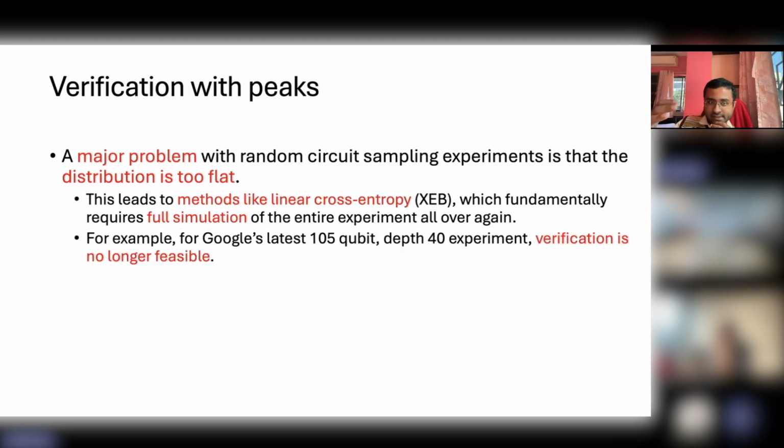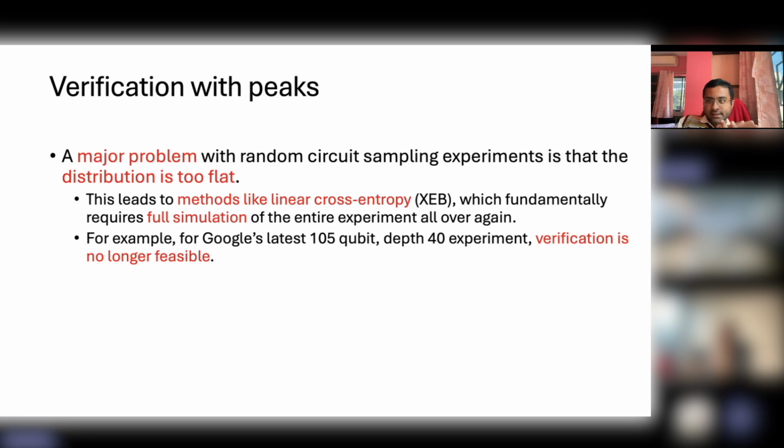Because we basically want to compute output probabilities when we are verifying by these methods. And if the distribution is too flat, the output probabilities are all kind of equiprobable. So we really need to resolve them to very small differences, and you really need to simulate the entire circuit with very high precision to get that resolution.